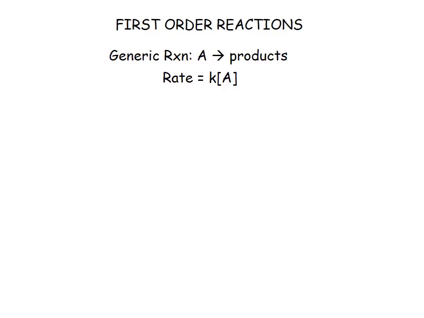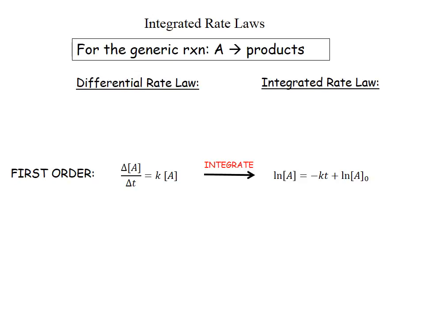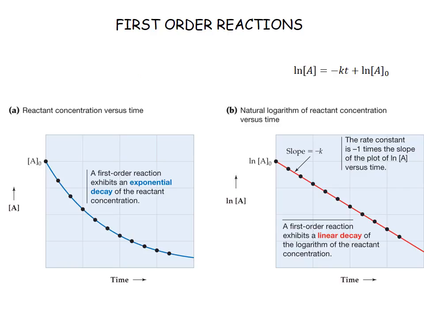Now if we look at a first order reaction, we have rate equals k times concentration of A to the first power. That's why it's first order. If we integrate that, we get the natural log of A equals negative k times t, or time, plus the natural log of the initial concentration of A, that's A sub 0. The plot on the right is the same equation above it: natural log of A equals negative kt plus the natural log of A sub 0.